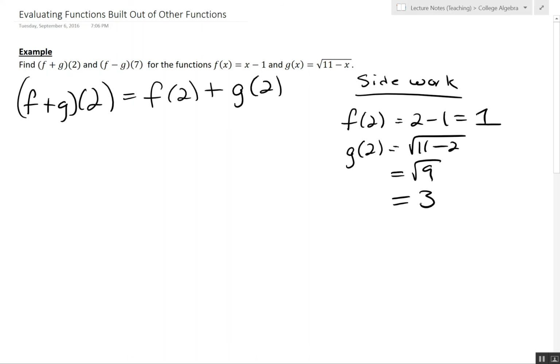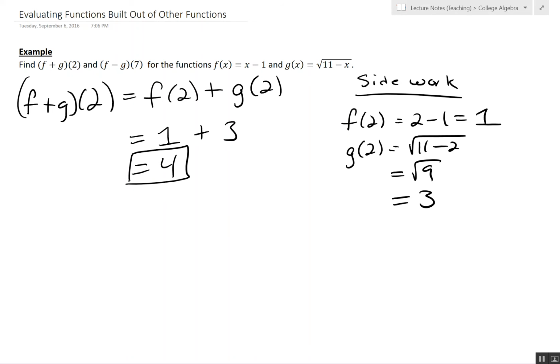In this case, we're just going to take the positive square root. So we put this all together, and we have 1 plus 3, and that gives us 4. So that's what these two functions, when added together, equal.